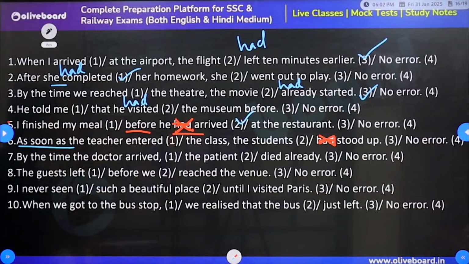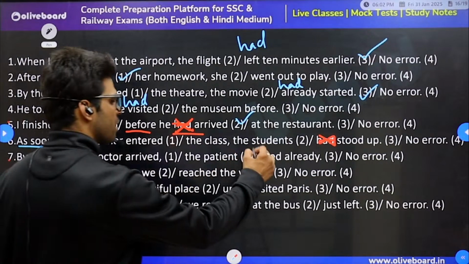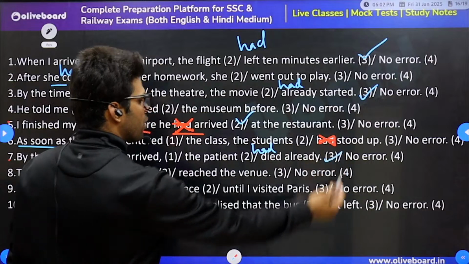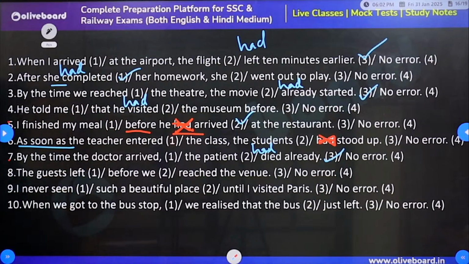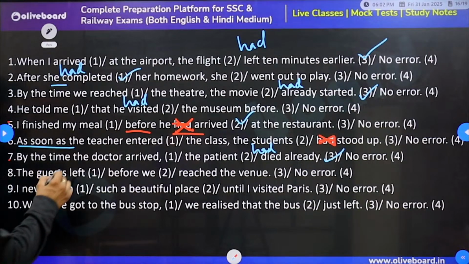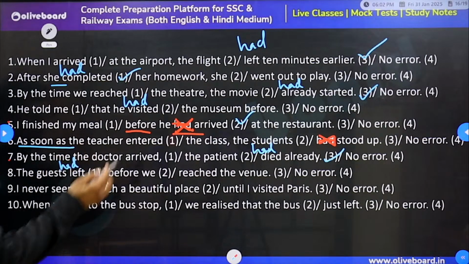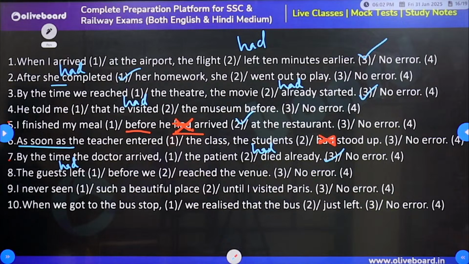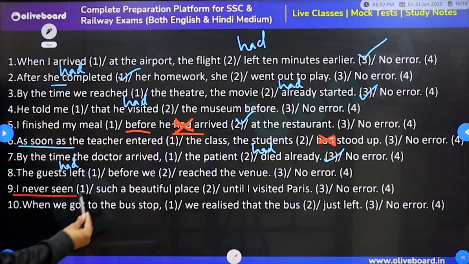Yes, Yagesh. Perfect. By the time the doctor arrived, the patient, I think we have gone through this in each and every book before. The guests left, had left, I think. Yes. Before we reached the venue, I never seen. This is impossible.